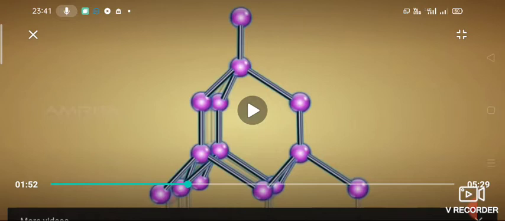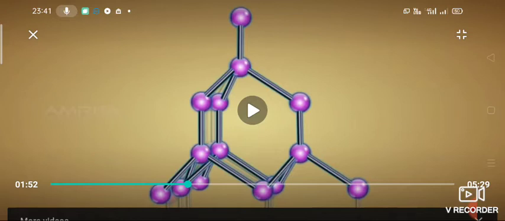There is a covalent bond between carbon atoms. From one carbon atom to another carbon atom, the distance is 154 picometer. It is very hard. Why is it very hard? Because one carbon atom is combined with 4 other carbon atoms, which makes it very rigid and hard.